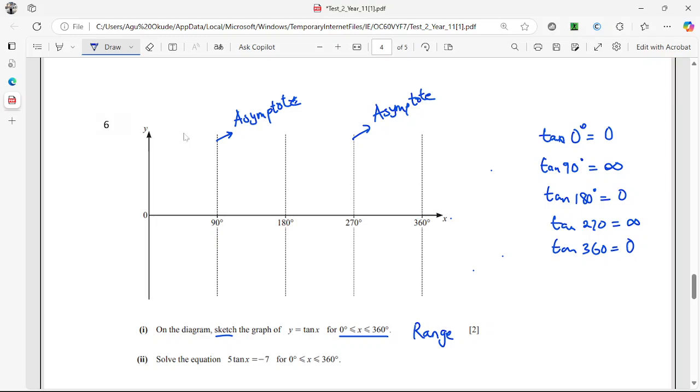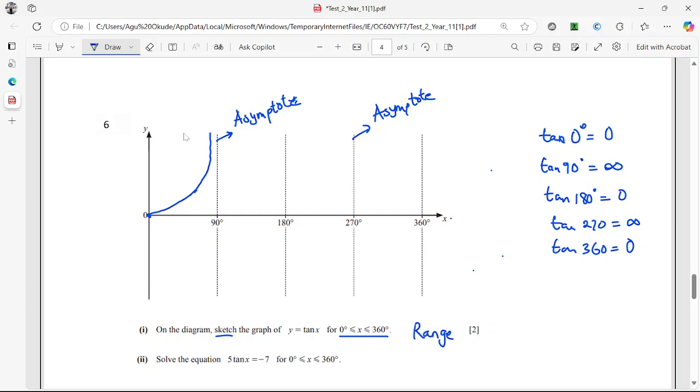Now let's sketch, because we are asked to sketch. Tan 0 is 0, so you just mark your point here. Then your graph is ascending upward, increasing towards infinity, because the value of infinity is so large. You can see that this graph does not touch this line because it's an asymptote.